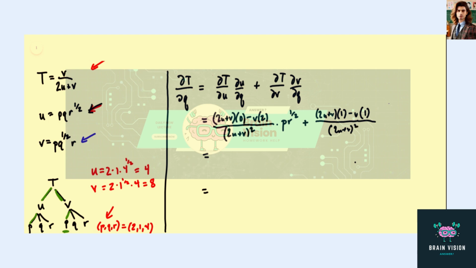And dv dq, for this one, we'll have to be a little more careful. So now with respect to q, dv dq, the p and the r are constants, but then we add q to the 1/2. So the 1/2 comes in front, we'll get q to the minus 1/2. So you just have to be cautious there. 1/2 pr q to the minus 1/2.